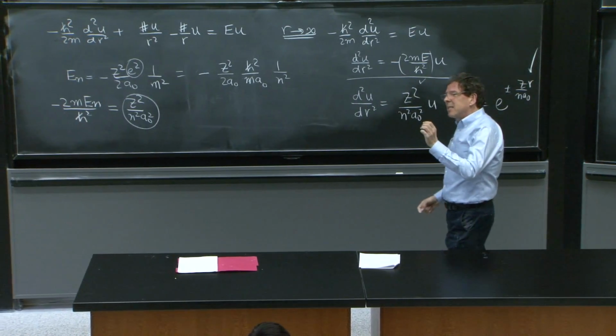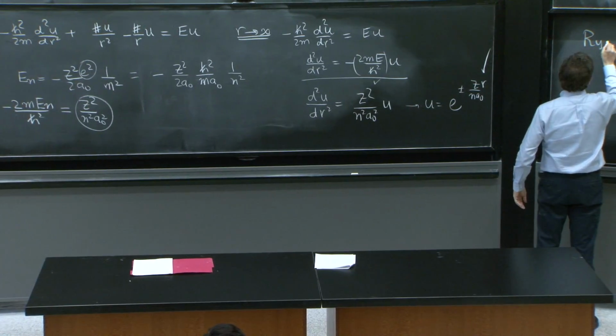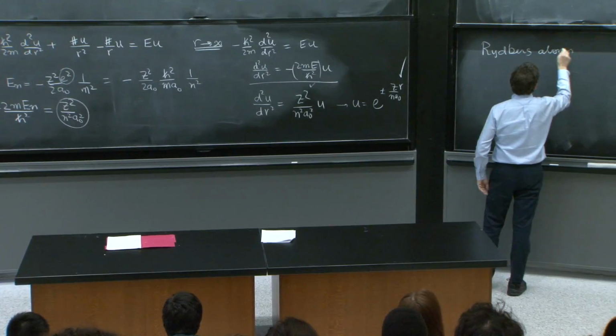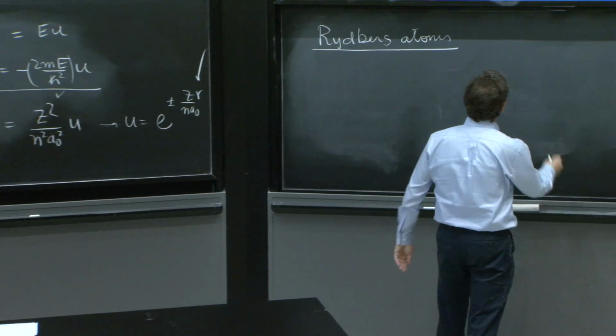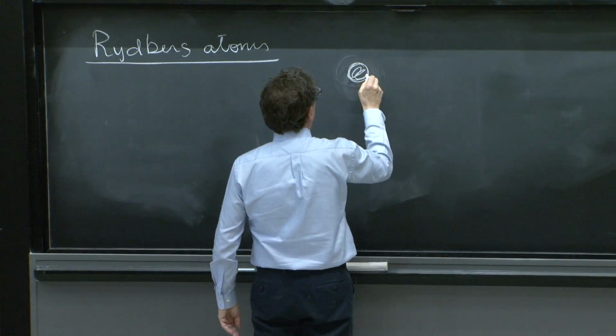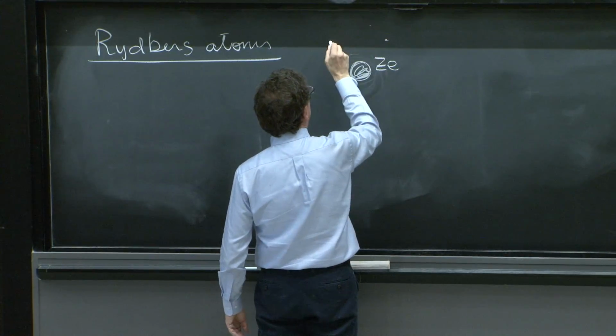Now, that is very interesting because when that happens, Rydberg atoms, when that happens, you have a nucleus with charge Ze, and you have lots of electrons.